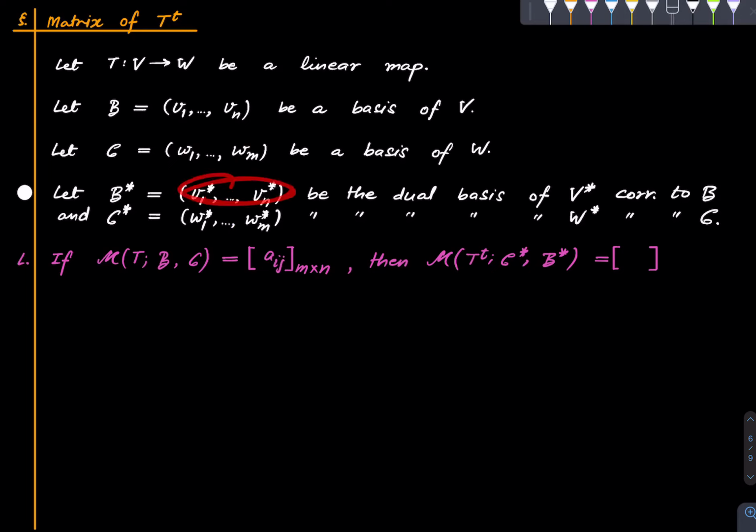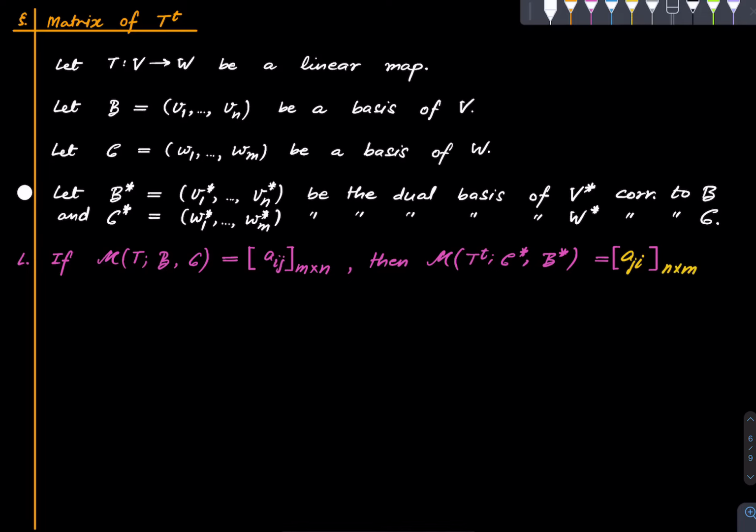So B star denotes the dual basis of B and C star denotes the dual basis of C. Then the claim is, if we know the matrix of the map T with respect to the original bases, then we also know the matrix of the transpose with respect to the dual bases, of course in the correct order, and that just turns out to be this A_JI. This is going to be an N cross M matrix.